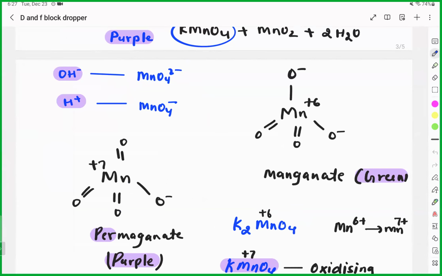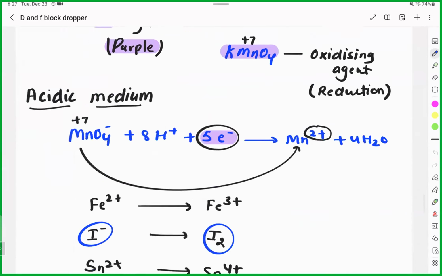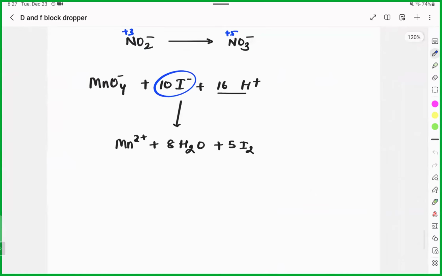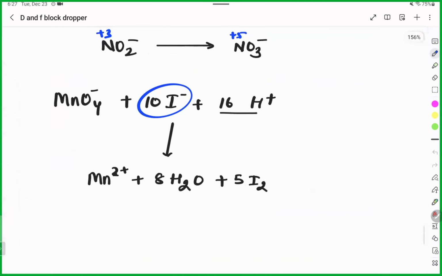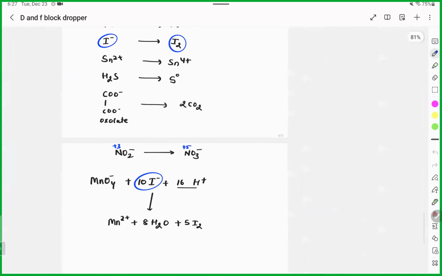So what we did in KMnO₄, we did the acidic reaction, right? In K₂Cr₂O₇ and KMnO₄, one thing is common: in both situations they undergo reactions in the same way and all the products will be the same.